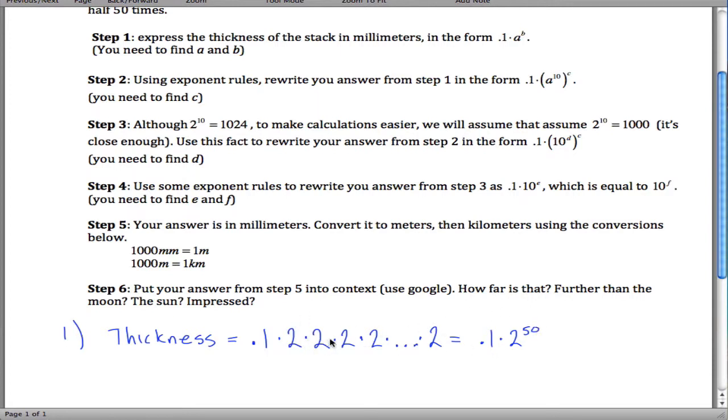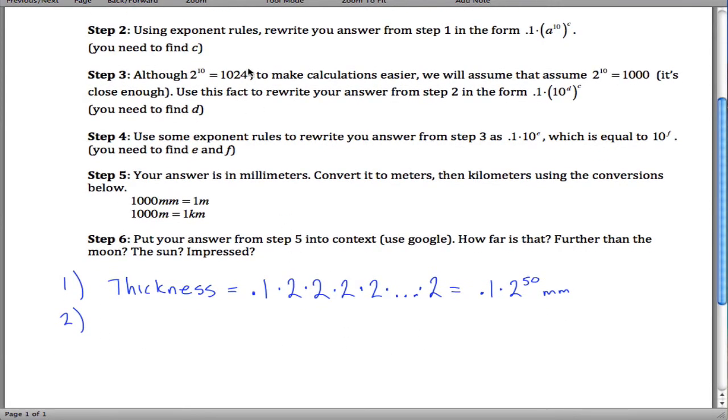I don't know if writing 2 helps you, but if it helps you see it, fine. This is the thickness of our stack. So all this question is asking us to do is figure out what this is equal to. It's this many millimeters. The way we're going to do that is following these steps.